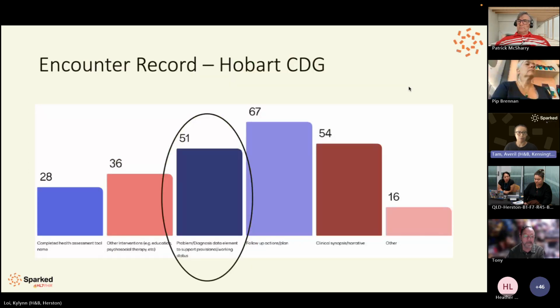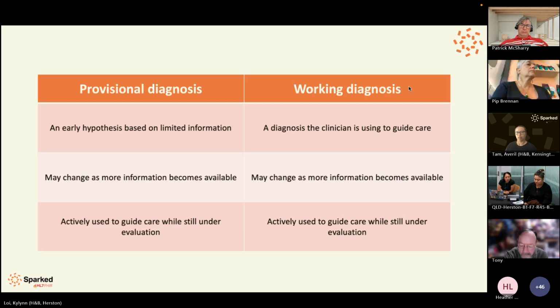So this is just from the Menti voting at the Hobart CDG, and we can see that there was strong support for a way to denote provisional and working status in problem diagnosis. Next slide. And so as a team, we thought quite a lot about provisional diagnosis, working diagnosis, and a lot of other different prefixes.